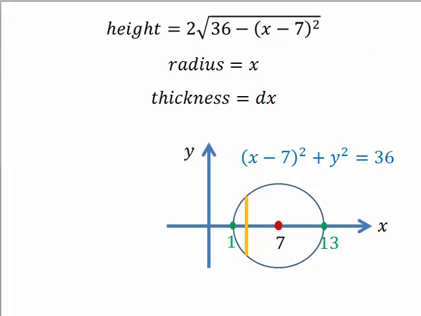So the height of the yellow strip is 2 times the positive square root. The radius is still x, and the thickness is dx. So the only thing we had to really work on was the height.